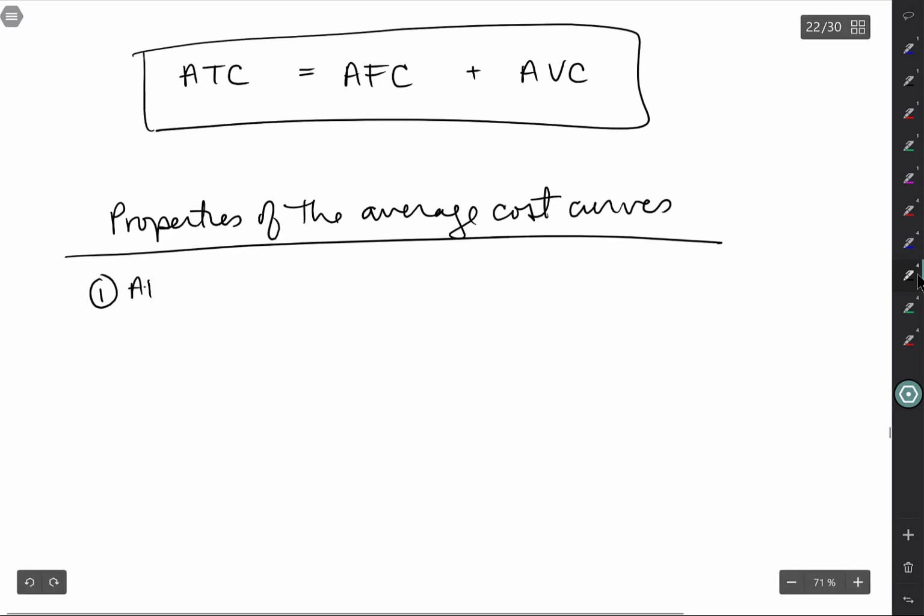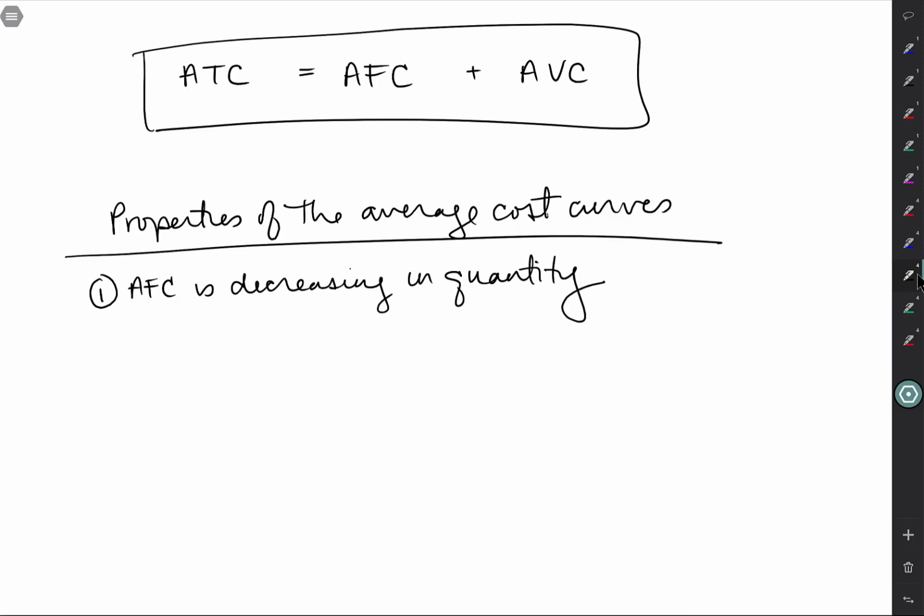Average fixed costs is decreasing. Whoops, that's not how you spell decreasing. Average fixed cost is decreasing in quantity. So average fixed cost is decreasing in quantity.